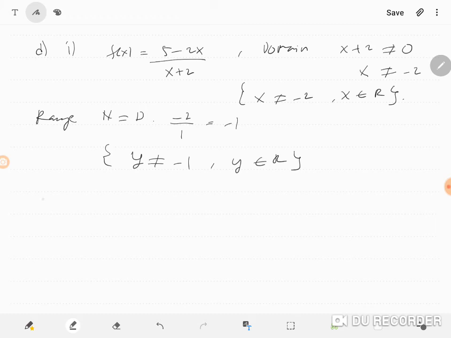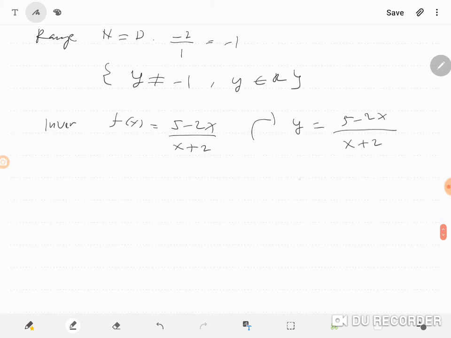And how to find the inverse? For the inverse, remember when you have f(x) equals 5 minus 2x over x plus 2, you make x the subject, so you have y equals 5 minus 2x over x plus 2, and you cross multiply, you have xy plus 2y equals 5 minus 2x.